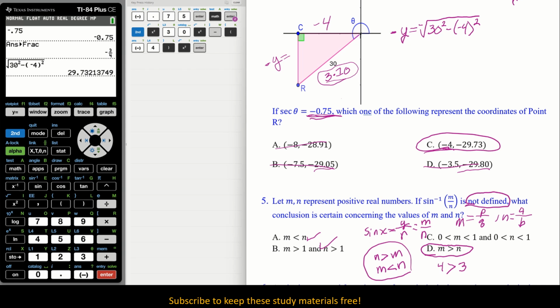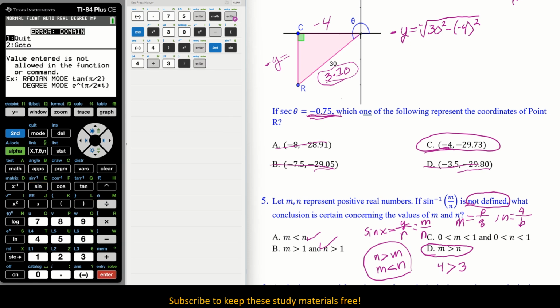I'm actually going to put it in the calculator and prove it to myself, as well as let you see how to play with this. So second sine. We need 4 is M, so 4 divided by 3, and press enter.